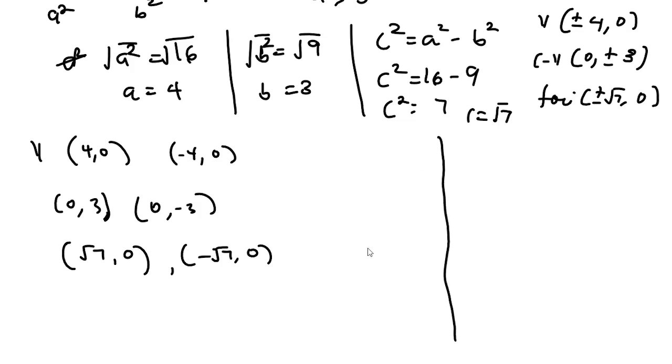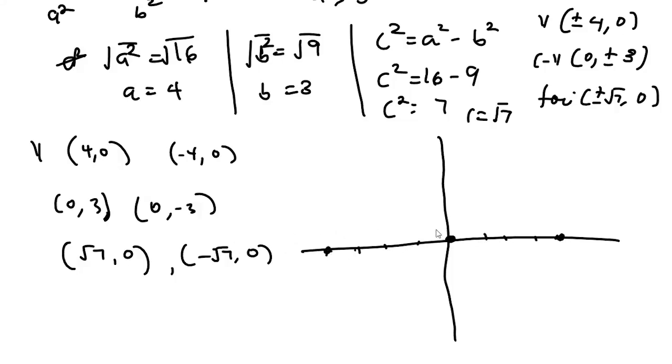Okay, so how do we graph this? Let's draw. We are saying that the center is at the origin. Now 1, 2, 3, 4, and 1, 2, 3, 4. Now for the vertex we have 4, 0, so it is here, and negative 4, 0 is also here.